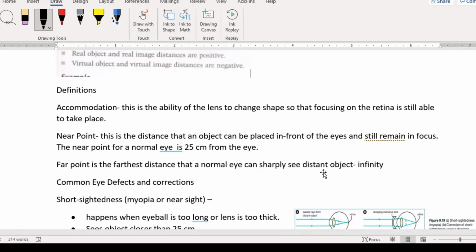Sometimes the lens will become thickened or elongated just to accommodate the light rays coming towards the eye. So accommodation is just the shifting of the lens so that it focuses images properly on the retina. So bear that definition in mind.